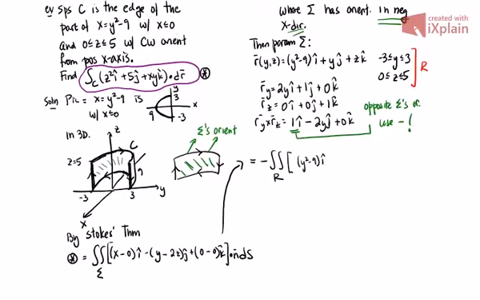I have y j and a negative y minus 2z. Those don't change because we're just substituting the same things in. And I have no k's, I'll put in 0 k just as a placeholder. And this is dotted with the cross product we just did, dA.